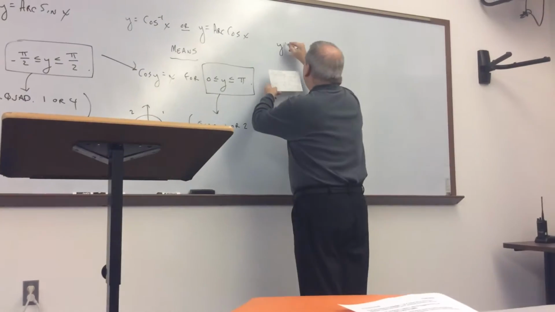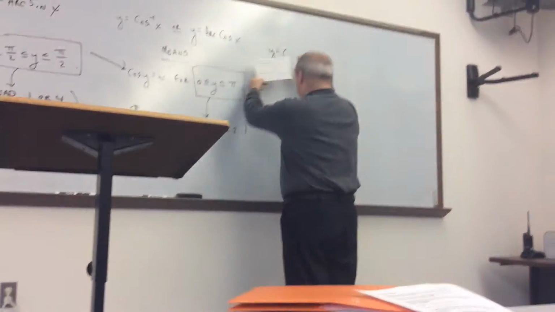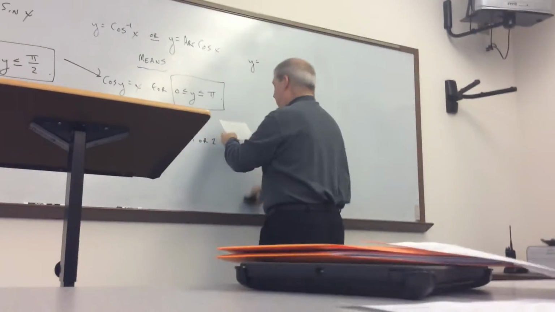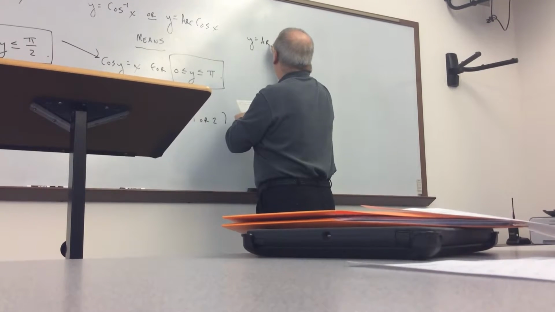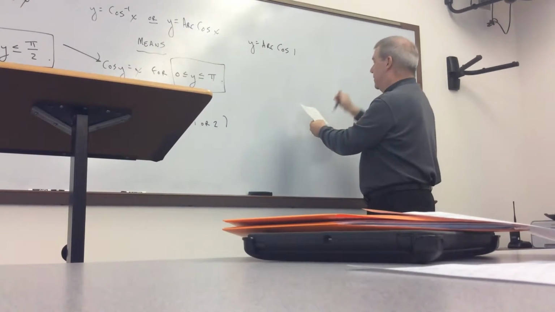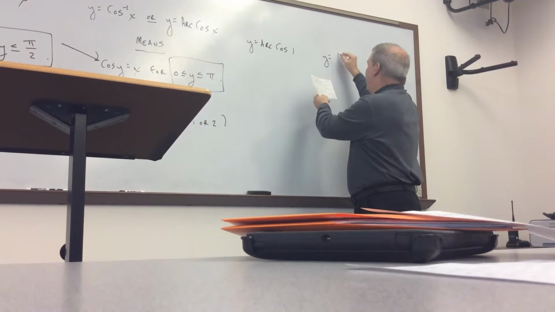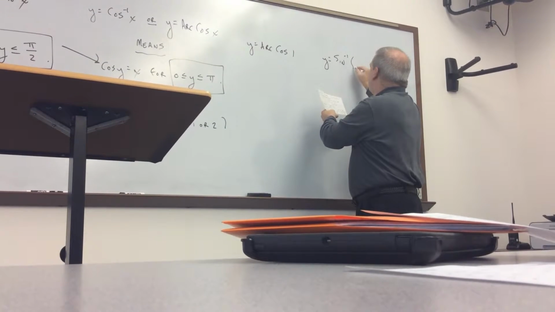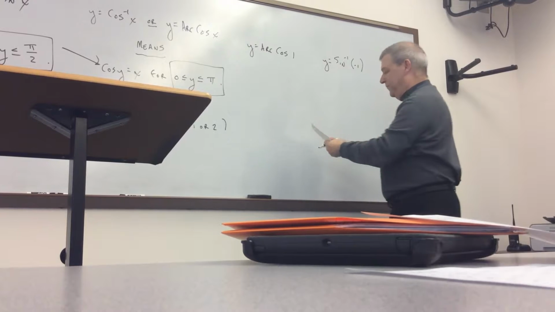Watch this. I only have a few things left to show you here, and then I'll show you what the worksheet's going to look like. Y equals arc cosine of 1, write that down. Right next to that, put y equals inverse sine of negative 1.